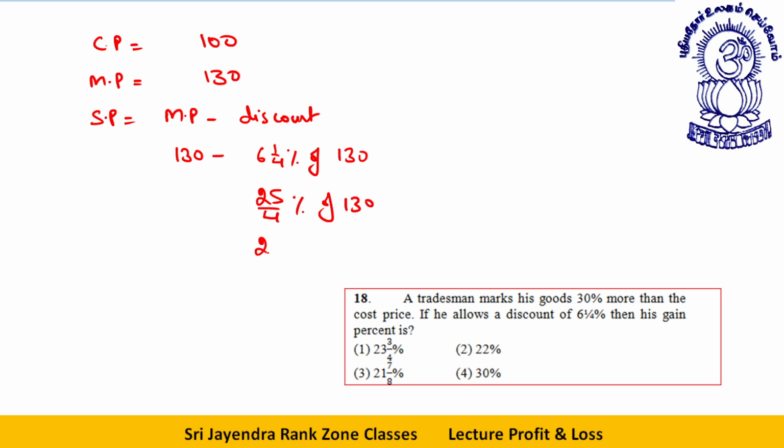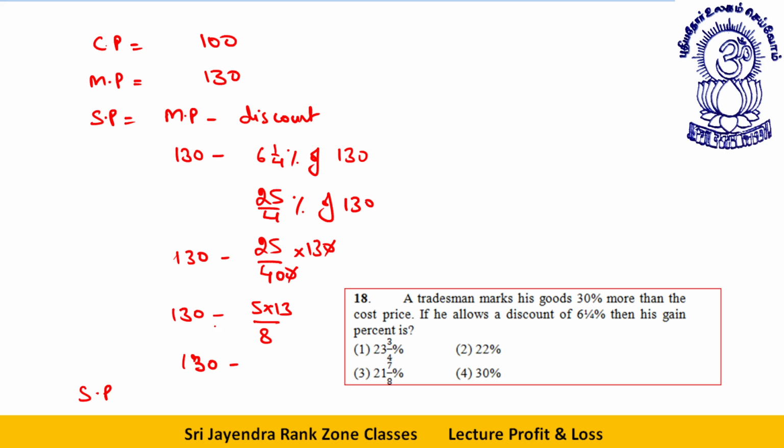That way I can say 25 by 400, means divided by 100 into 130, that is 130 minus. 0 to 0 cancel. If you cancel this by 25, you will get 8, you will get 5 over here, 5 into 30 or 130 minus.